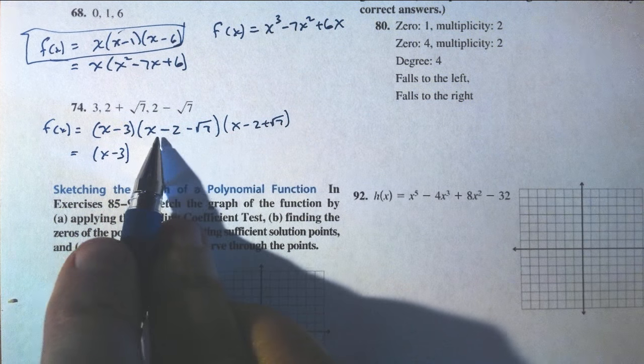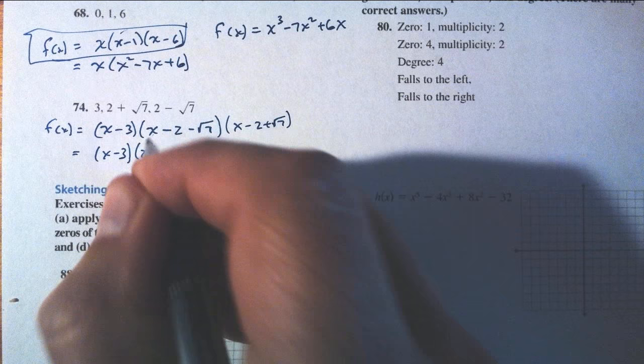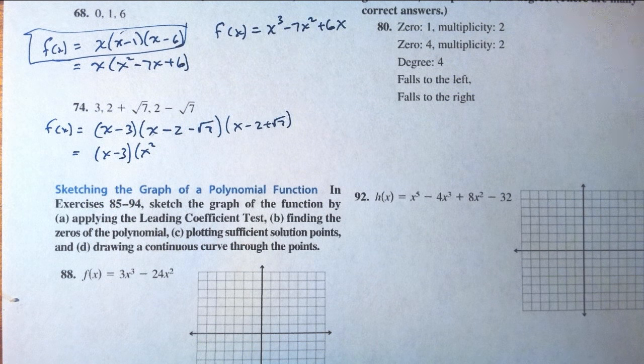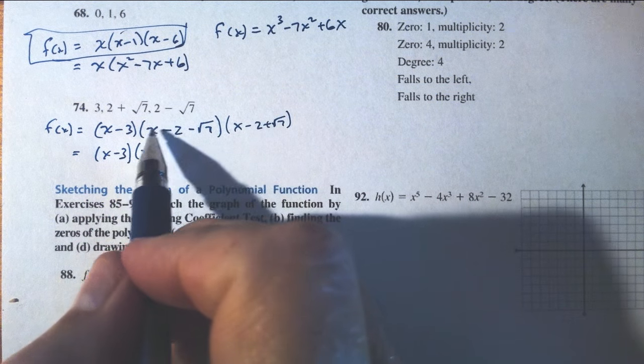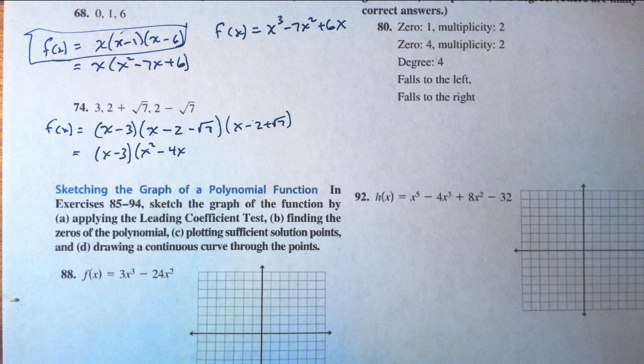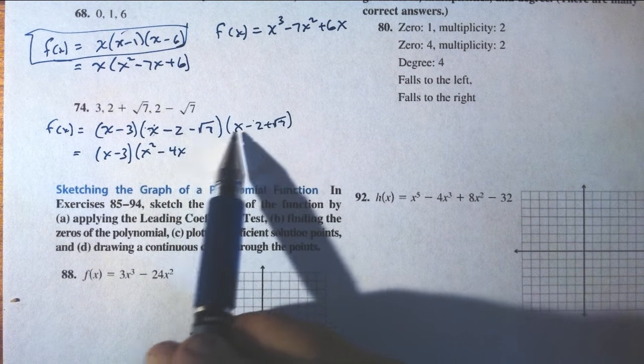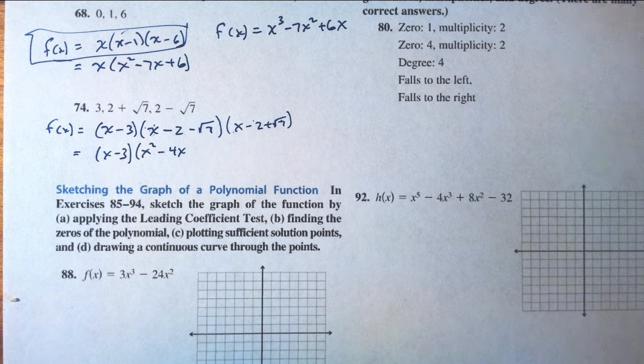I'm going to superfoil this. Now there's some conjugate work going on here that's going to make this a little bit easier. Where am I going to get x squareds? Just here, x times x. Where am I going to get x terms, x to the first, without radicals? I'm going to get minus 2x's here and minus 2x's there, minus 4x. Where am I going to get x terms with the radical? I'm going to get a plus root 7 x, but a minus root 7 x as well, and now I'm done with the x's.